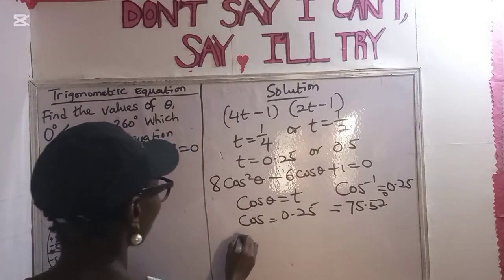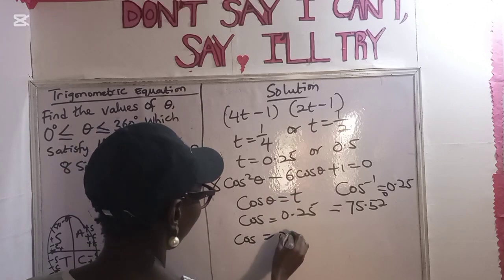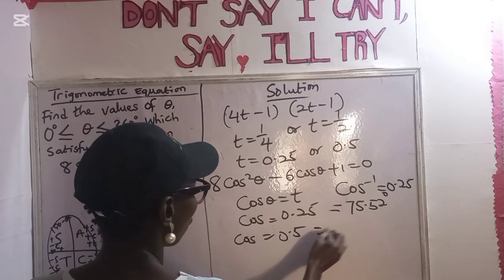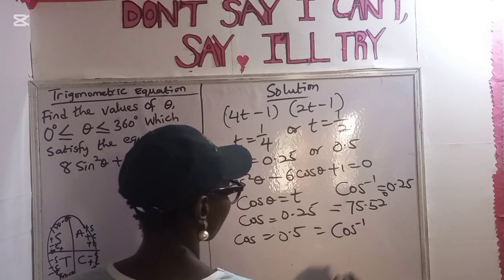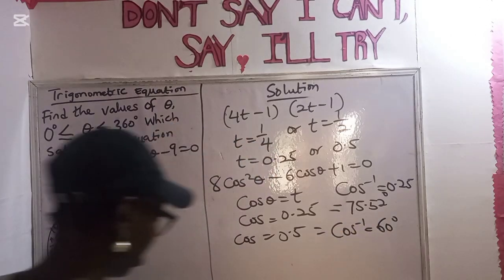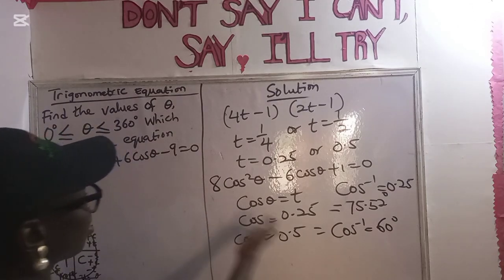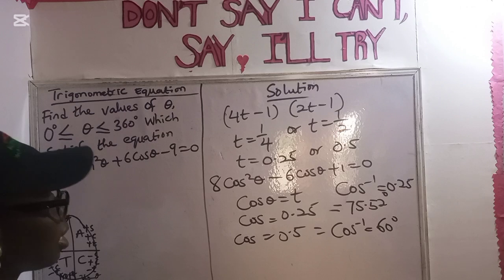Now if cos theta is 0.5, so what are we having? Inverse of cos gives 60 degree. This is the degree that will satisfy this equation.